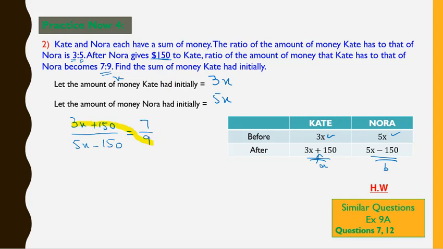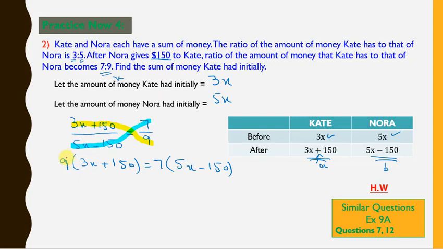I will multiply this by that, and I will multiply this with this. So we will have 9 times (3x plus 150), and we have 7 multiplied by (5x minus 150).